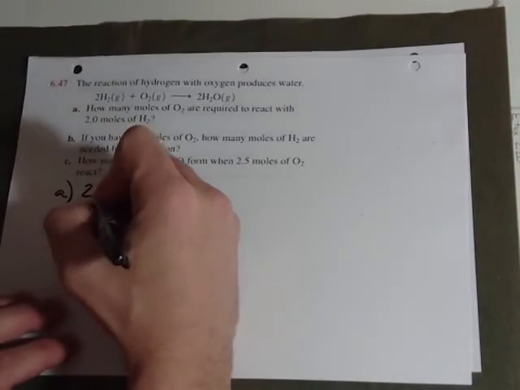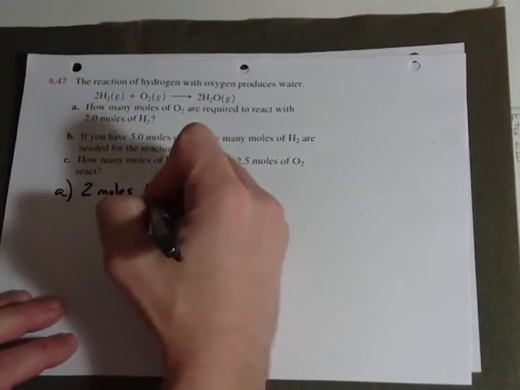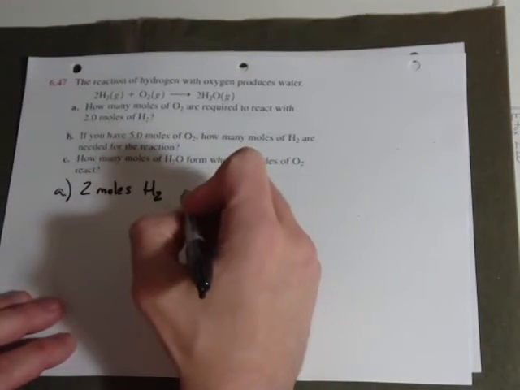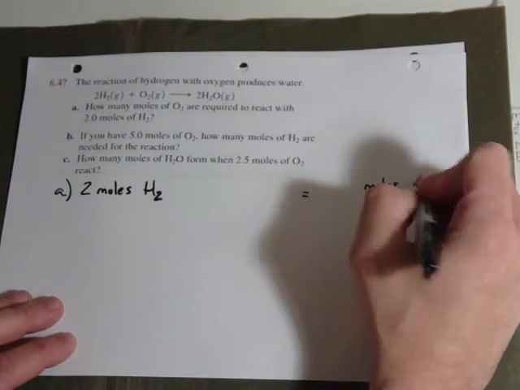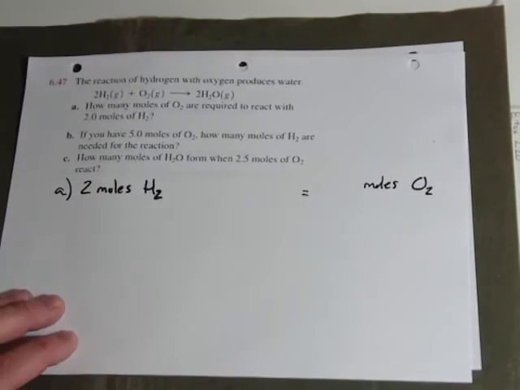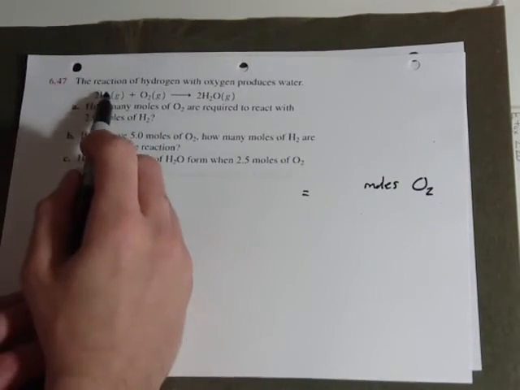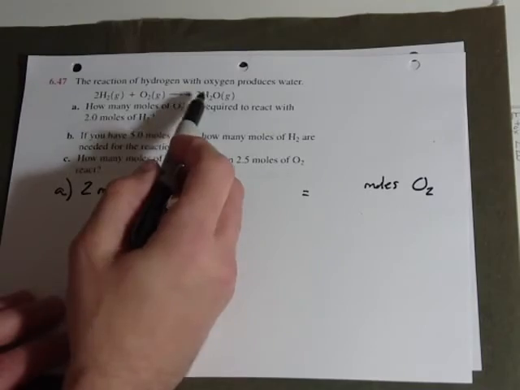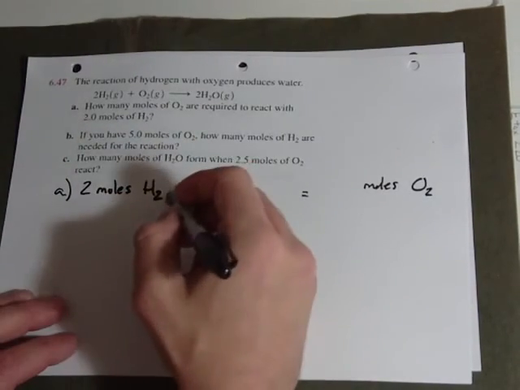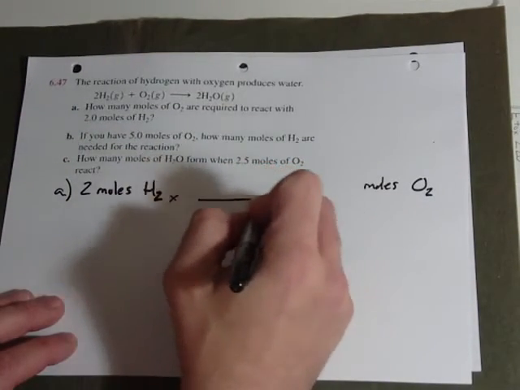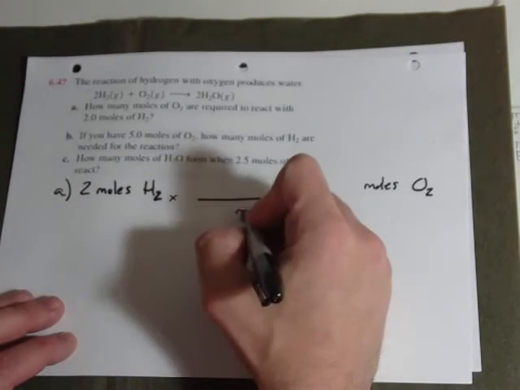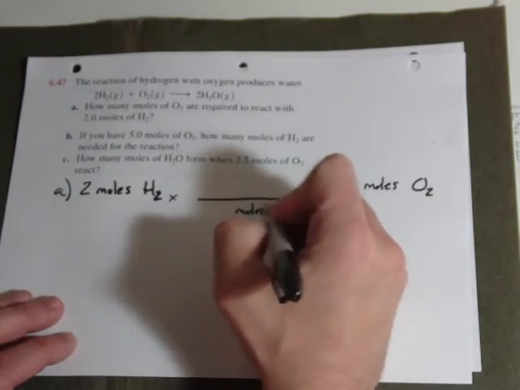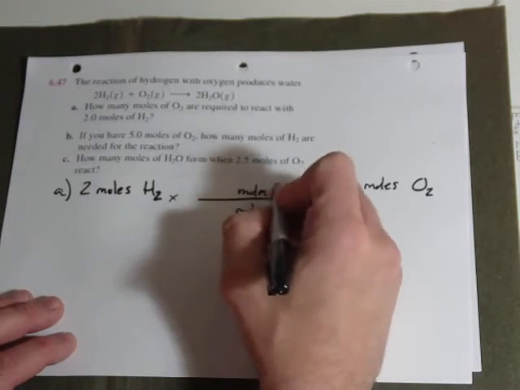So if we have 2 moles of hydrogen, we want to get to moles of oxygen. And so we have to use our balanced chemical reaction equation here. In this equation, we want our moles of hydrogen to cancel out, and we want to be left with moles of oxygen.